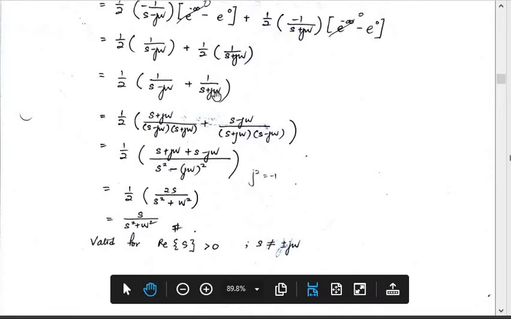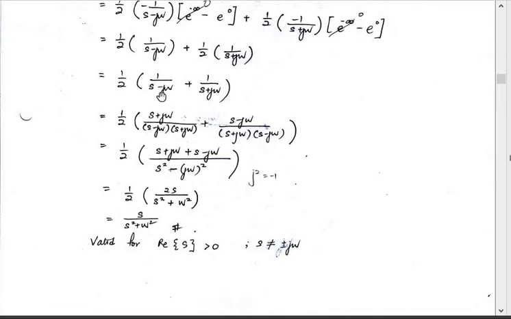Because of the different denominators, we multiply with the other denominator: s minus j omega multiplied with s plus j omega. So for the denominator, s squared minus j omega squared.